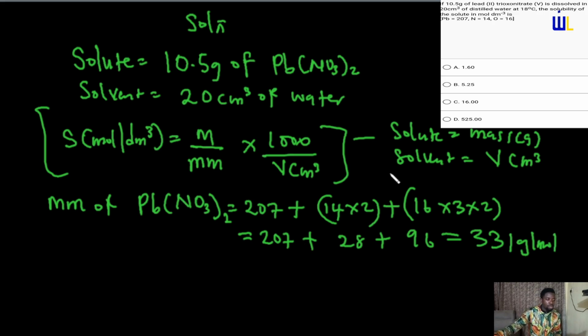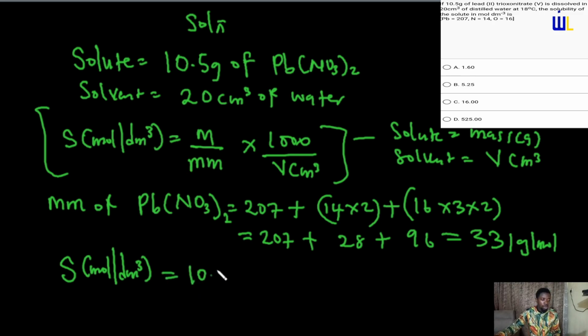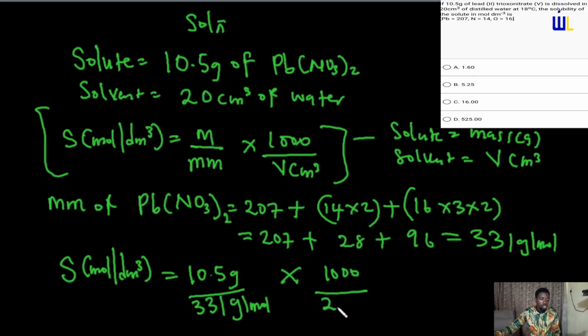Okay, so with that said, I think we have everything we need, so let's input it. So the solubility in mole per dm cube would now be equal to the mass in this question, 10.5 gram, divided by the molar mass, which is 331 gram per mole, multiplied by 1000 all over the volume, which is 20 cm cube.